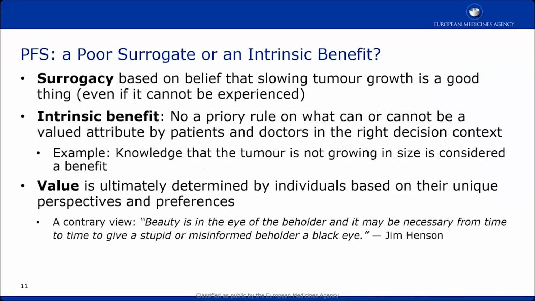One is the idea of surrogacy, that although this has never, or very, very rarely, been empirically demonstrated, and you know how difficult the whole topic of surrogacy is to demonstrate anything conclusively, without evidence, there is still a belief that a sizable impact on progression-free survival must mean something good in terms of quality of life and duration of survival. That's one element.